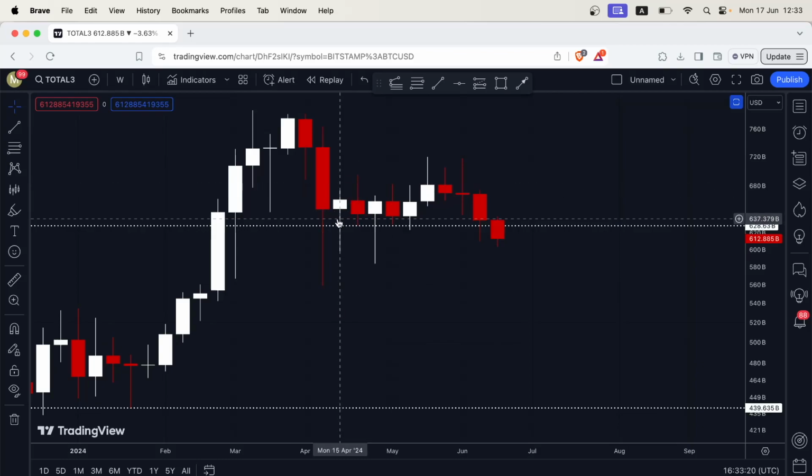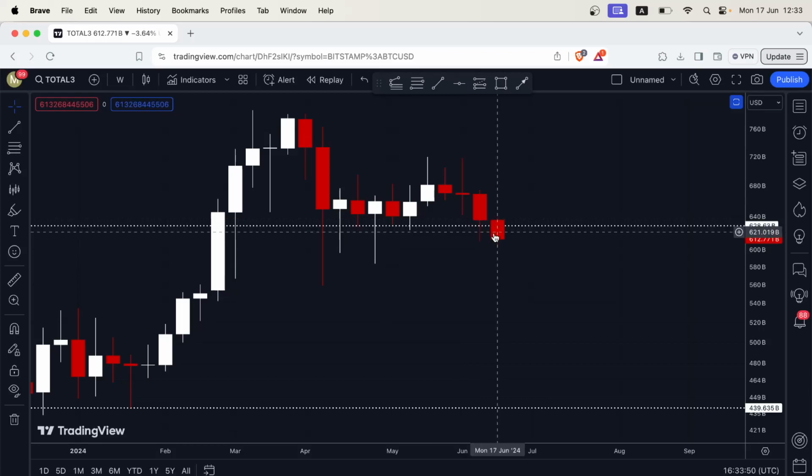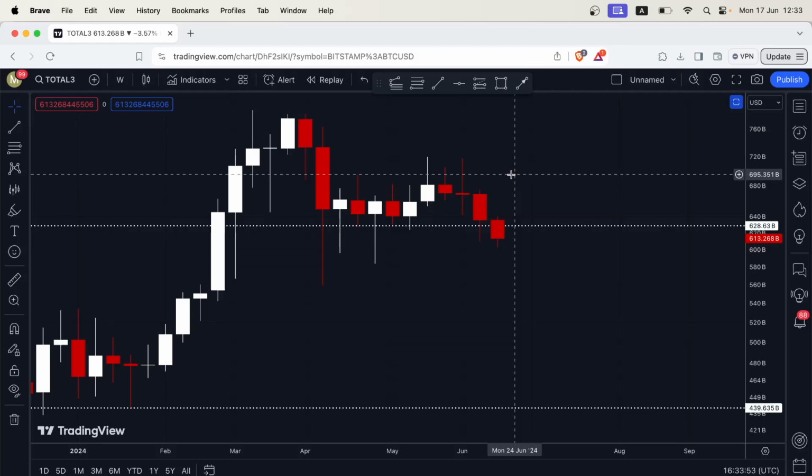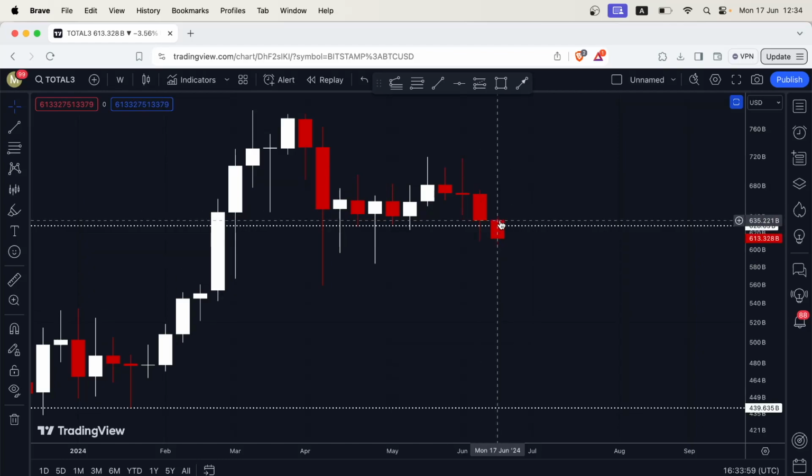But the fact that we're spending so much time hovering around this support level, I don't know if this is just the market makers' way of testing people's patience, but it's getting a little frustrating, and I don't like seeing the candles dip down here every week, right? It's just giving me a little bit of anxiety. Hopefully everything works out. This candle gets salvaged once again like all the rest of them, and the candle body closes above.